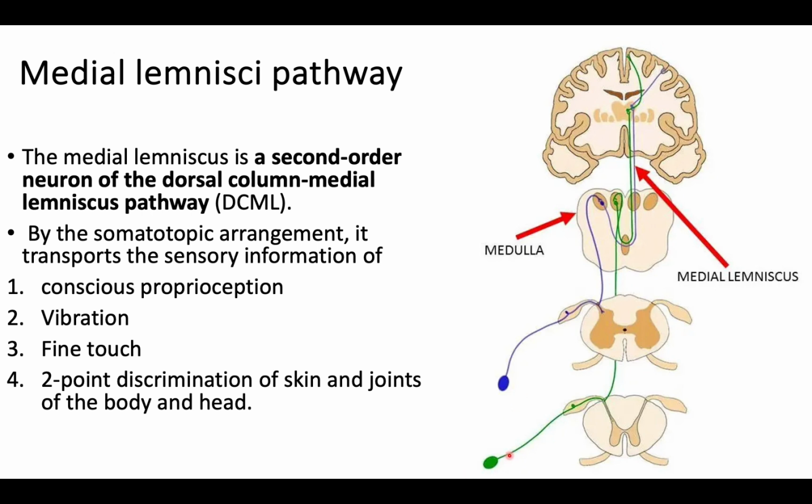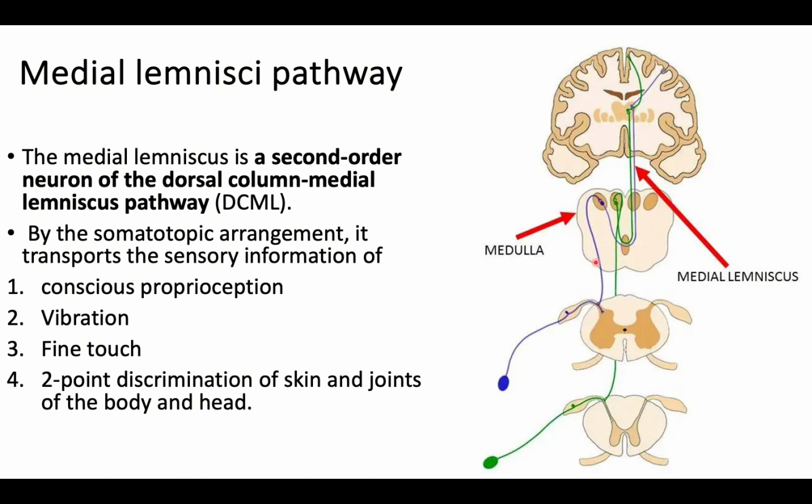They come as an afferent neuron with its cell body in the dorsal root ganglion, and then it goes into the dorsal horn and rises. This one also has its cell body in the dorsal root ganglion, goes to the dorsal horn and rises.